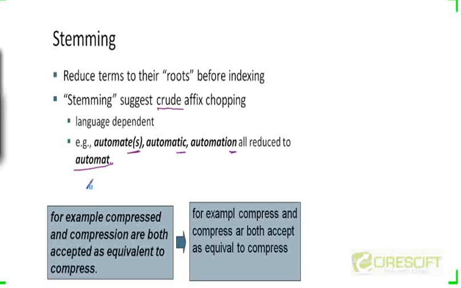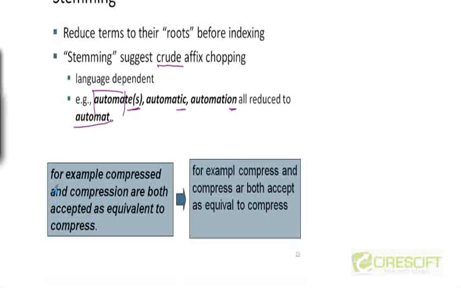But it just chops off letters from the end, because many times the variants of words differ in the characters at the end. So if you want to map all of them to the same term, one way to do that is to chop off characters from the end so that whatever is preserved is basically the same for all those words.